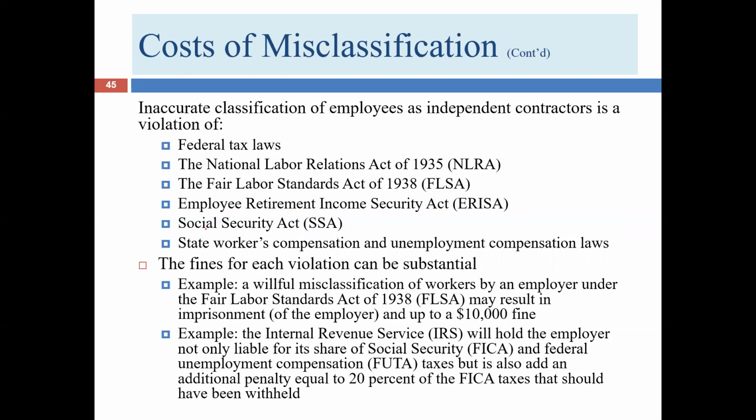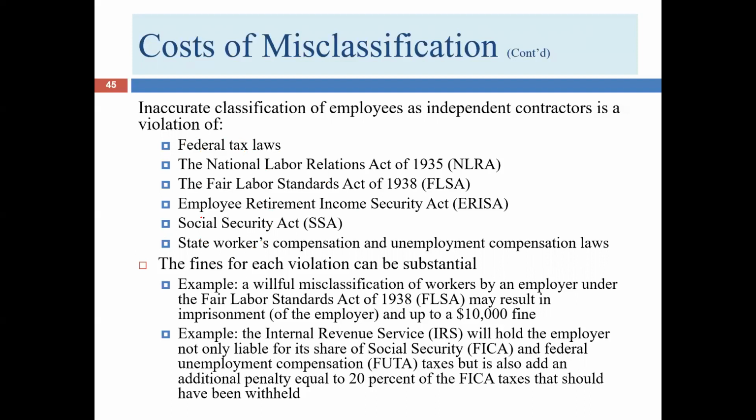You're not doing the withholding and you're not doing the employer contribution to FICA, and you're not paying in workers' compensation or employment benefits for these individuals. All of these are violations, and when the government figures out that they're not getting all the money they want, they're going to want the money they're missing out on, and they're going to very likely want to fine you.